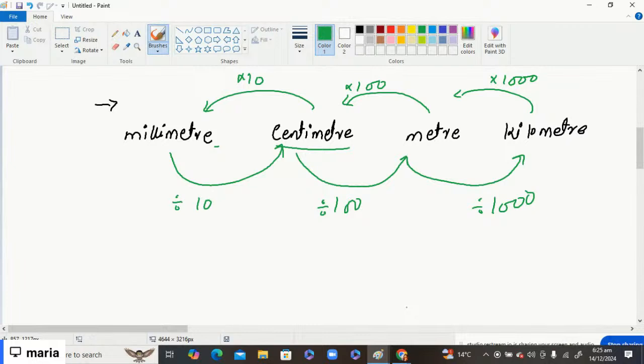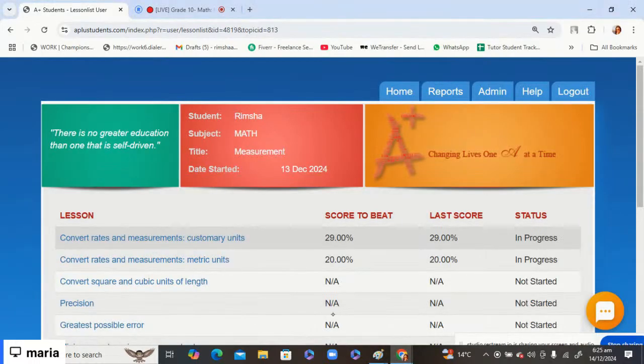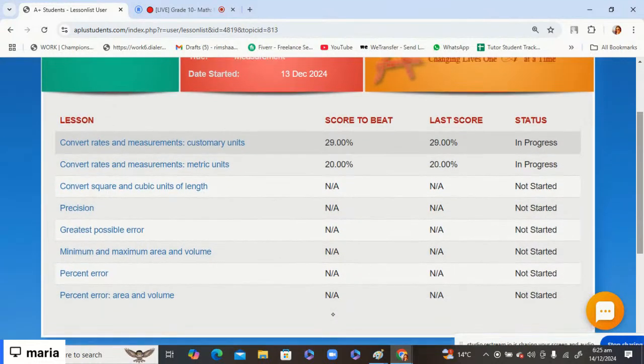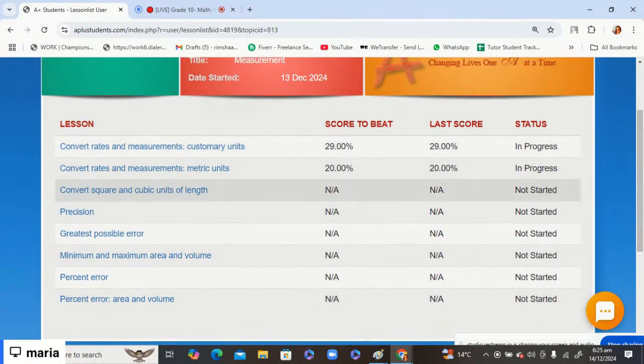These three, 1000, 100, and 10. Hope you guys understand this lesson as well. So let's discuss the next, which is convert the square and the cubic units of length.